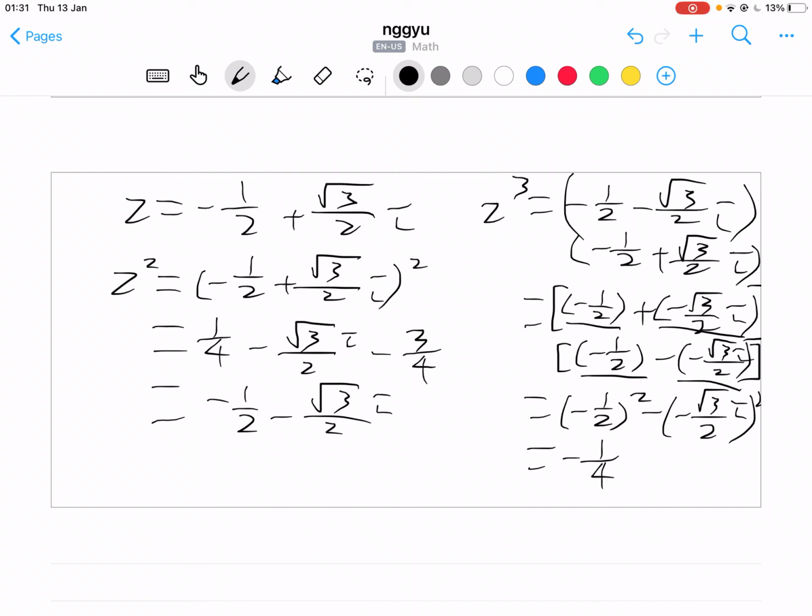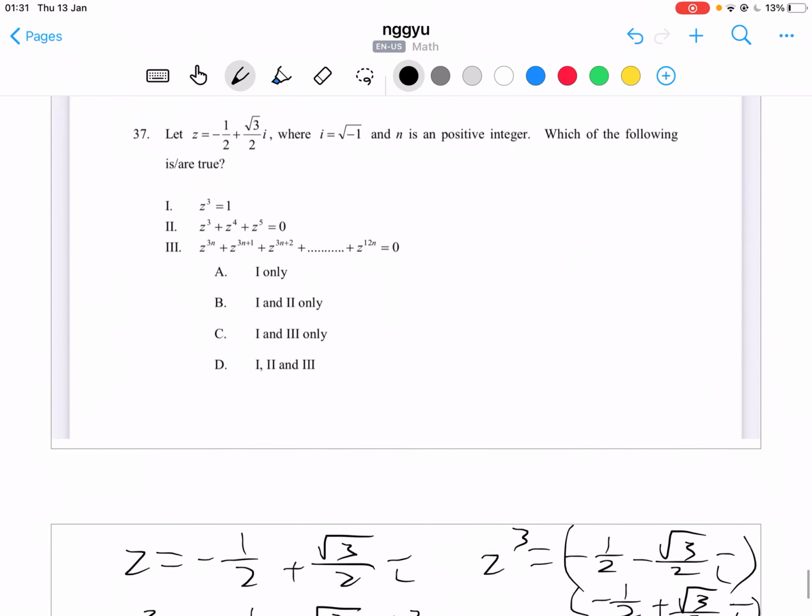So this is no more negative, which is equal to 1, and we proved z cubed is 1, so 1 is correct.